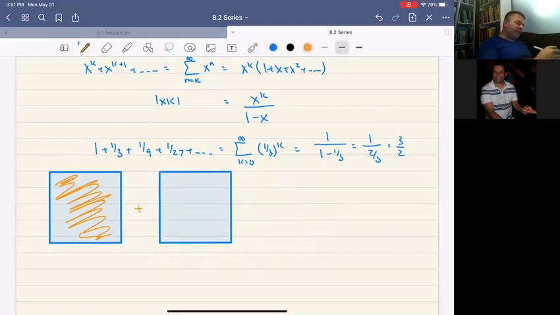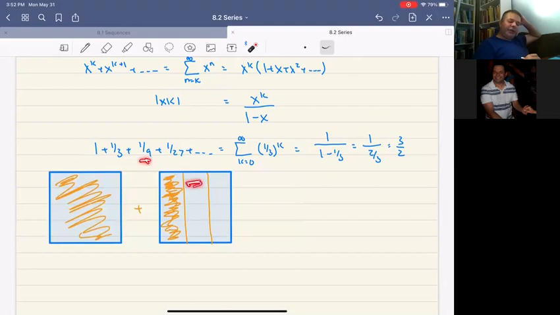So a third, we're going to split it up into thirds. Let's go like so. Okay, that's a third. Now we're going to take a third of a third, which is 1/9.